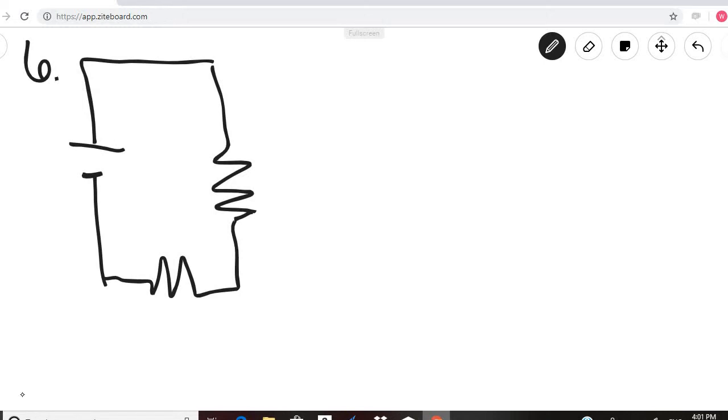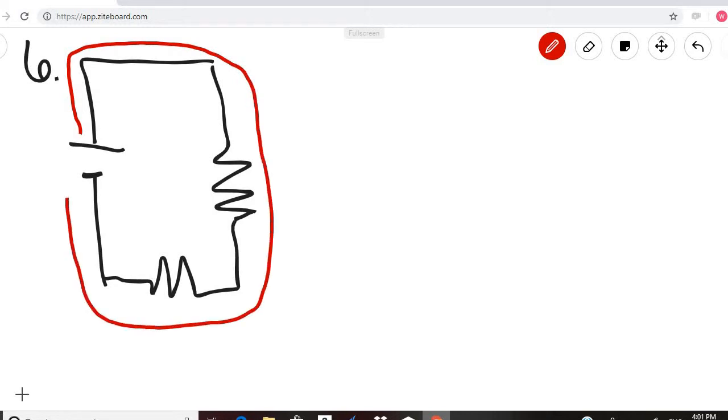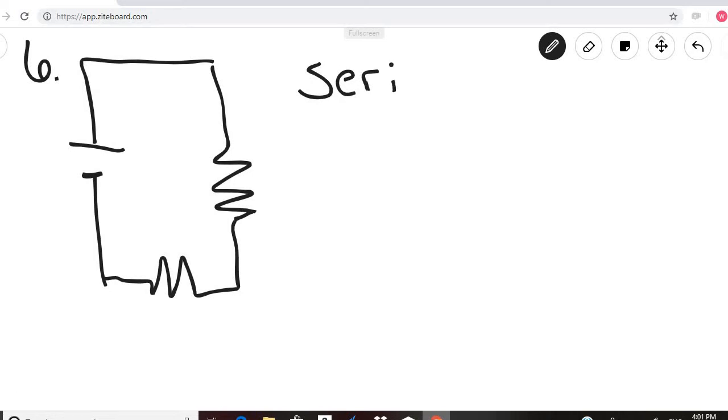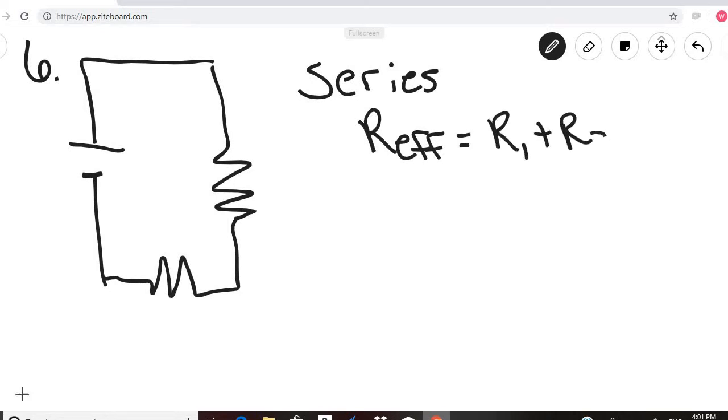So now in order to go from the positive terminal to the negative terminal, it must go through both of those resistors. So that tells us that they are arranged in series. And so we know for when they are in series that our effective is just the sum of them. We have 215 and 151.